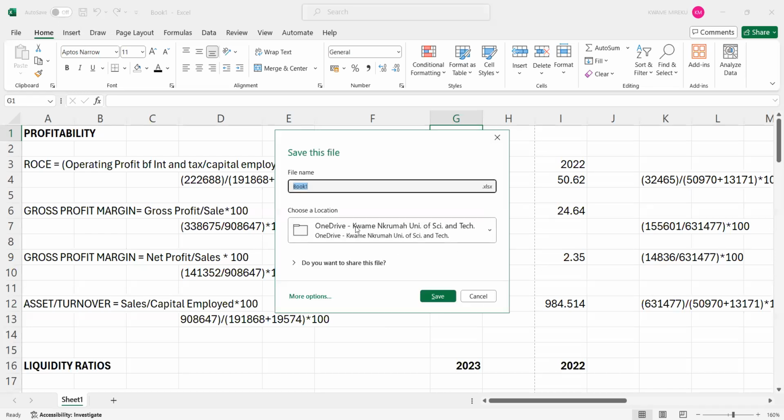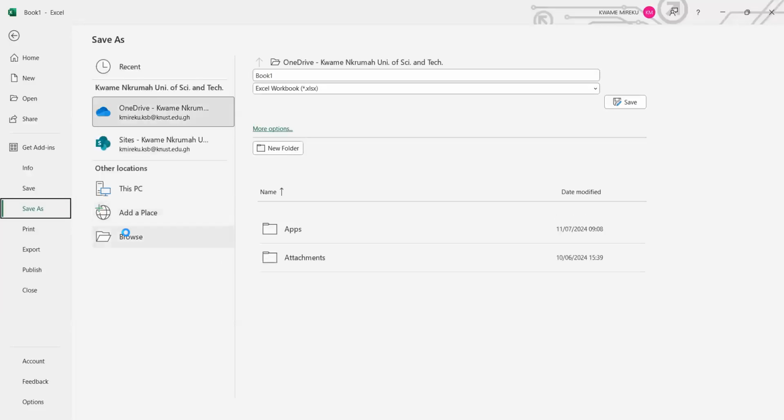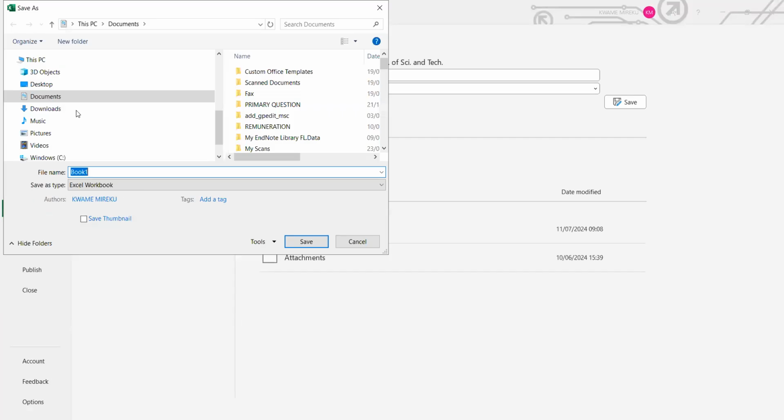Let me save this so that later on I can make it available to you. Let me see. Document, go to BDA.